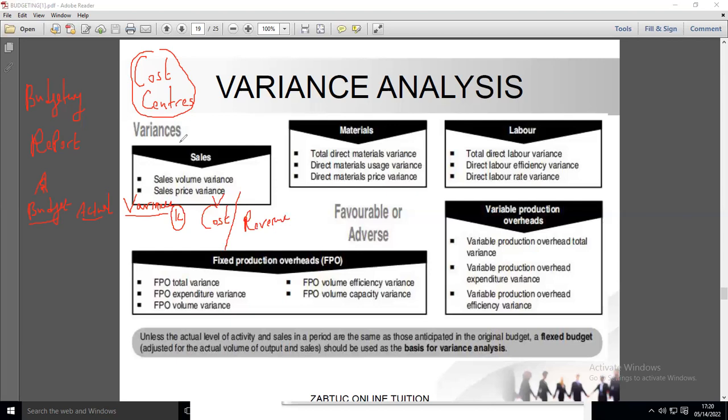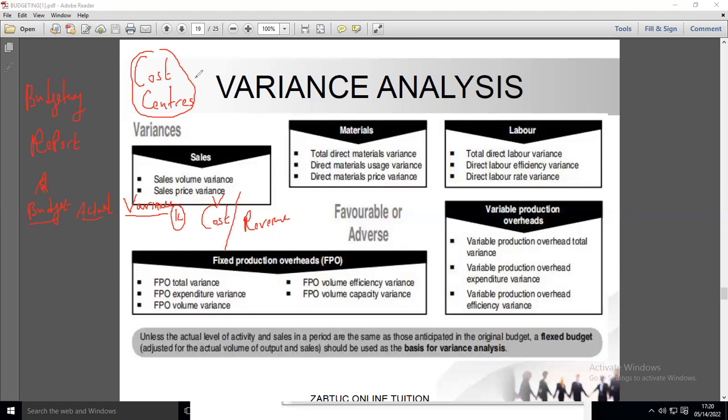Now, the learning outcome is to evaluate these variances. Are they appropriate? Do you think that the variances are appropriate? So here, you must note the concept of how we can make our variances more effective.